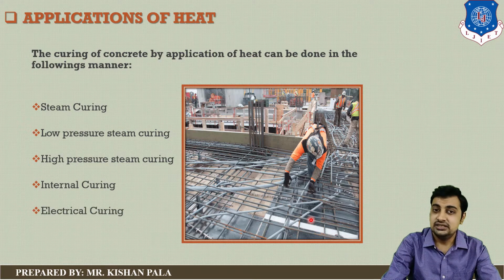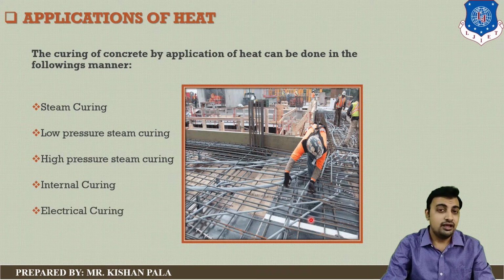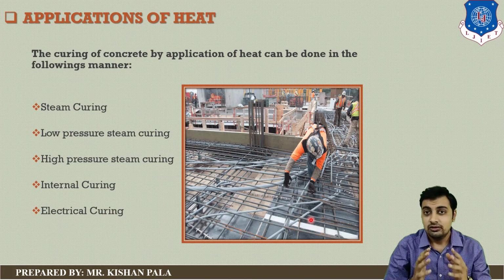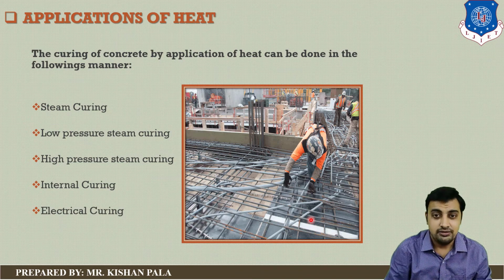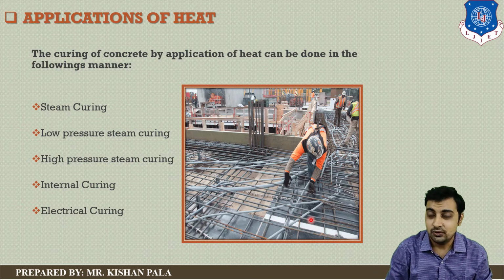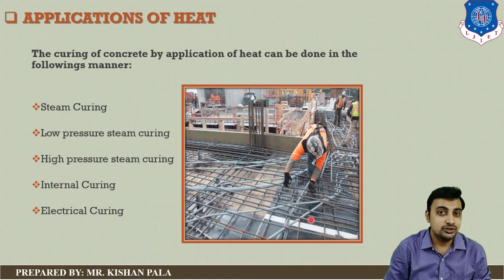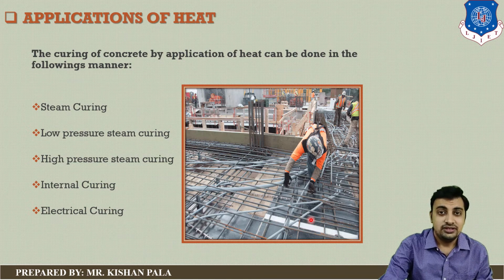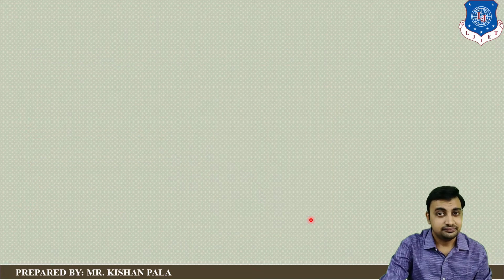And fifth one is electrical curing. You can apply the heat to your concrete surface. You can see on your screen, this is one of the best methods for the application of moisture to the concrete, and with this method you can apply the moisture to the concrete mass. You can choose any one method for the application of heat.